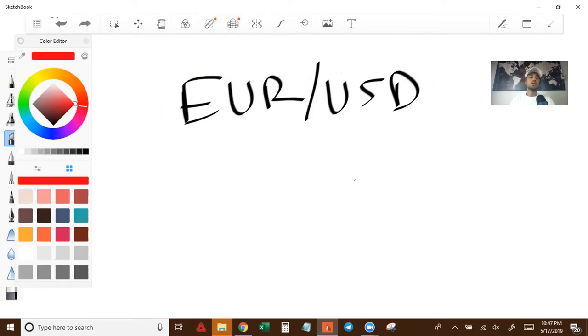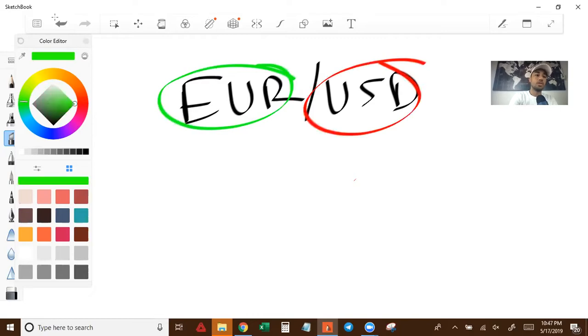First, we're going to act as if we're speaking about the euro going up in value and the USD going down in value. So I'm going to go straight to my phone so that we can check out how everything works in MetaTrader. Go to MetaTrader on your phone real quick.